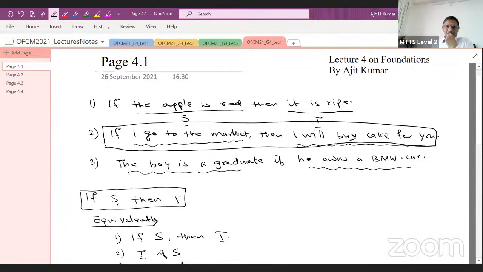Okay. So when will this statement not be correct?